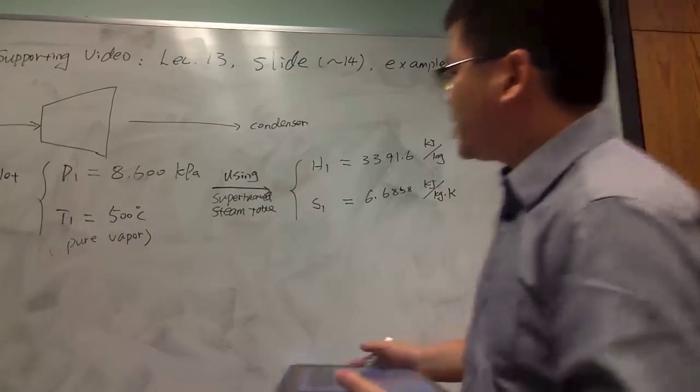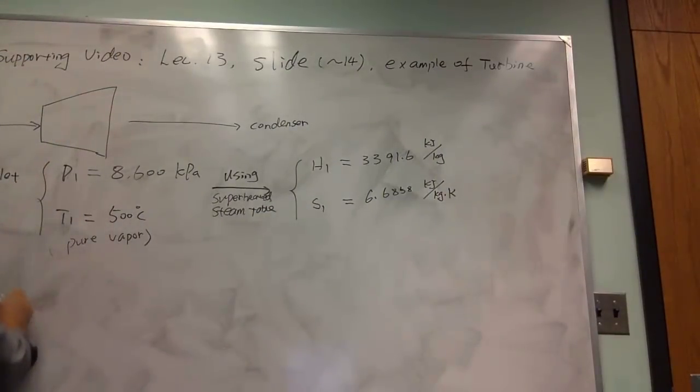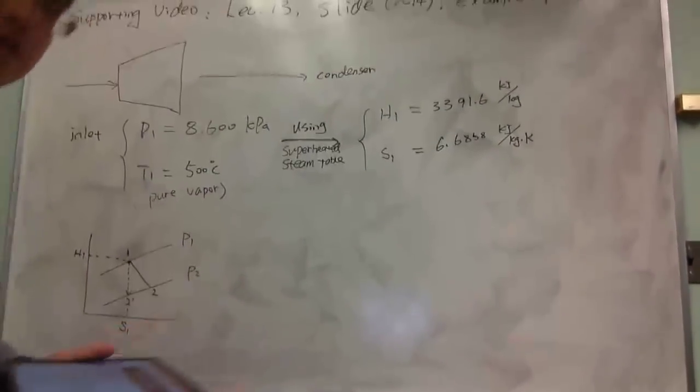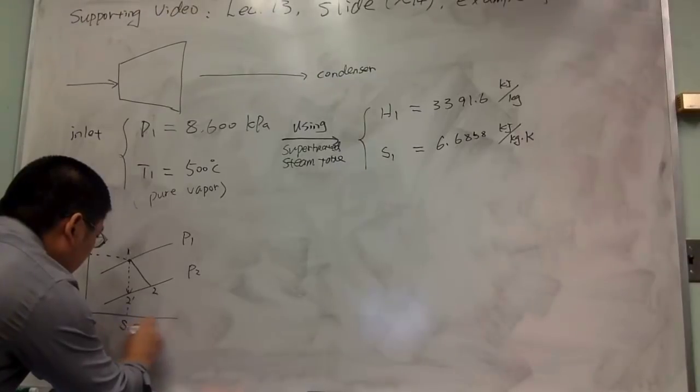And now if you come back to this, I'd better keep this HS diagram. 1, 2, 1, 2 prime. This is my actual 2. So I figured H1, and I know S1. Now if we use this isentropic process, S1 is also the same as S2 prime.